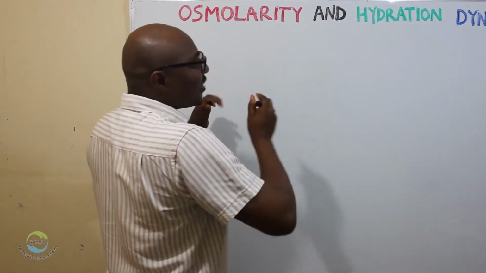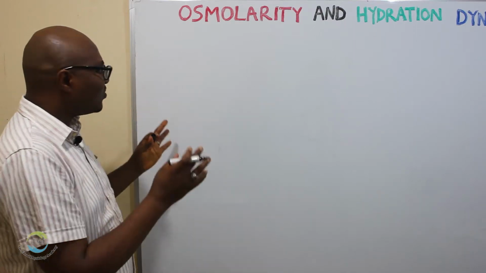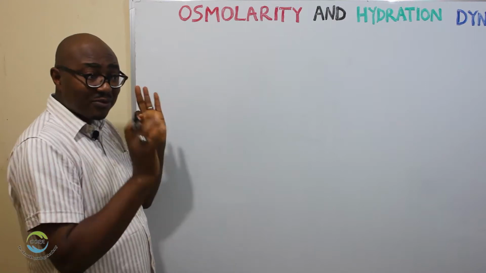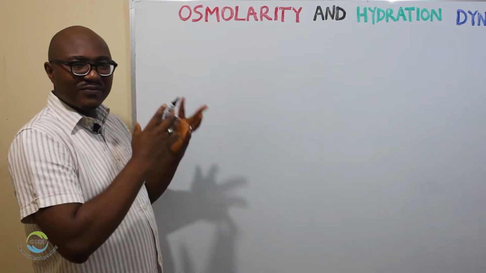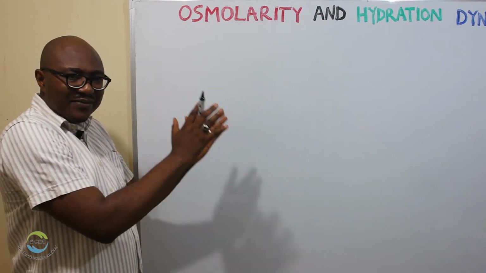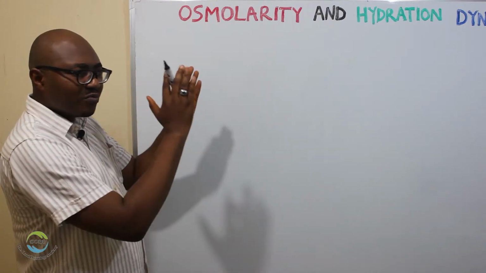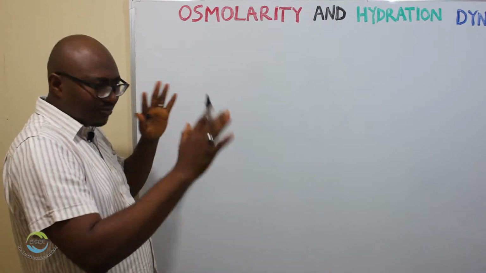Now, osmolarity, like we have said in previous lectures, has to do with a measure of concentration of body fluids. Remember, we started with lecture 1, the very first lecture about body fluids, the different volumes of the different body fluid compartments: plasma volume, interstitial fluid volume, intracellular volume, and so on.